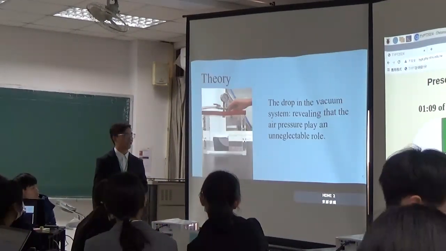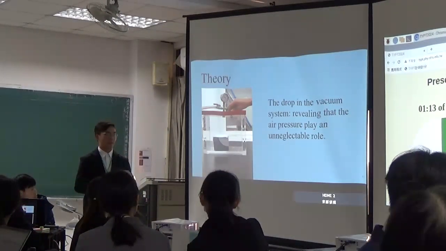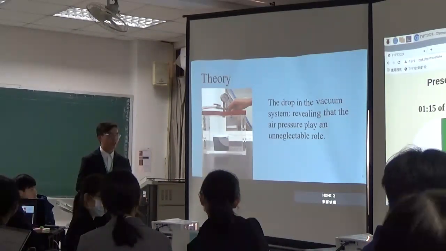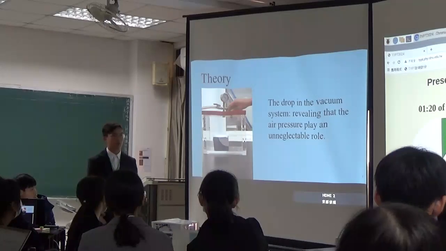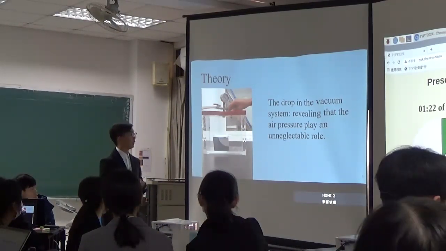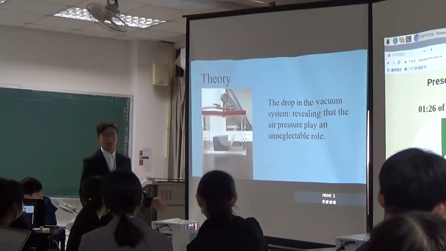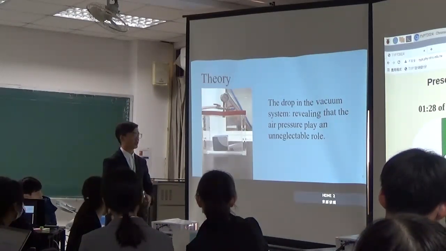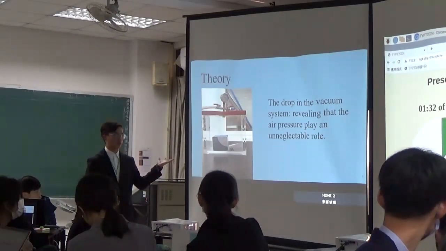And so our guess is the air pressure does the main force that allows the ruler to stay on the table. So we do our experiment in the vacuum system. As you can see, it's a vacuum system, so there's no air pressure, so the ruler will still fall down.